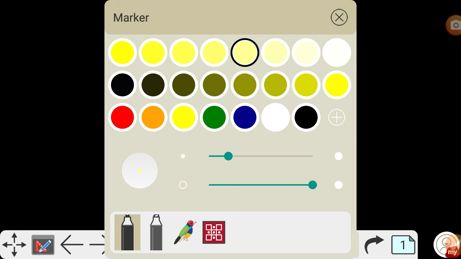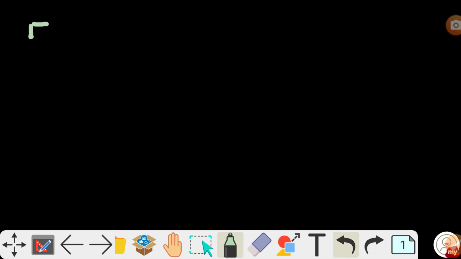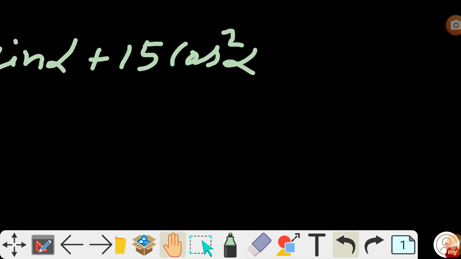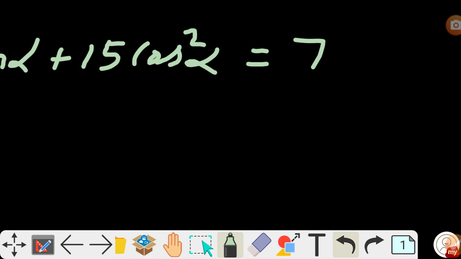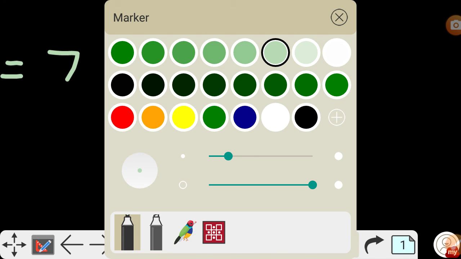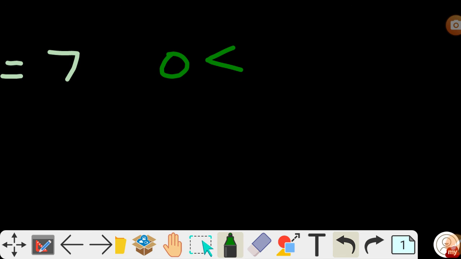So next question, which is question number 5, we have 2 sin alpha plus 15 cos square alpha equal to 7, and the angle alpha is greater than 0 and less than 90 degrees.